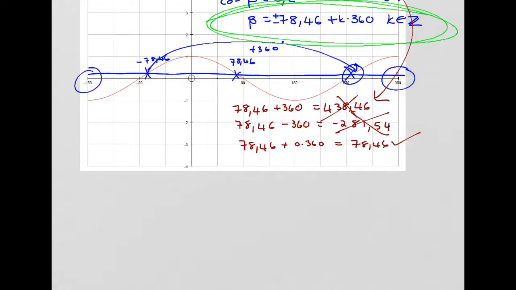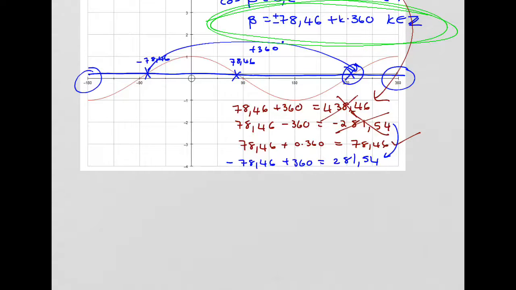Right, so then you try the negative 78,46, because you know it's plus minus. Add 360 degrees to negative 78,46, and then you're going to see that you still fit within the given interval of negative 180 to positive 360, and it gets you 281,54, which happens to be the same as over there.